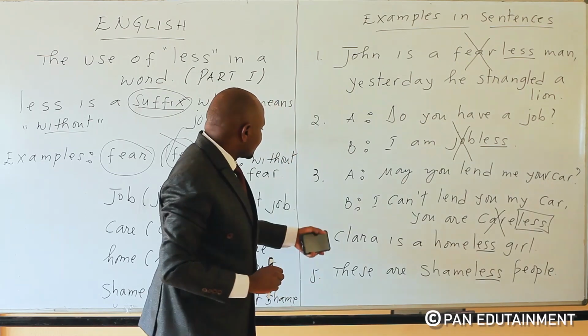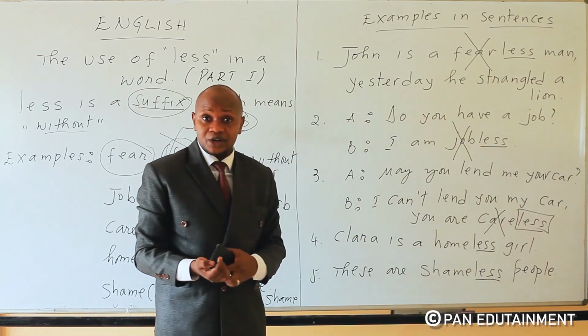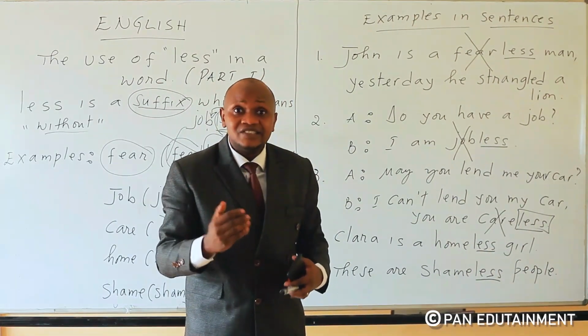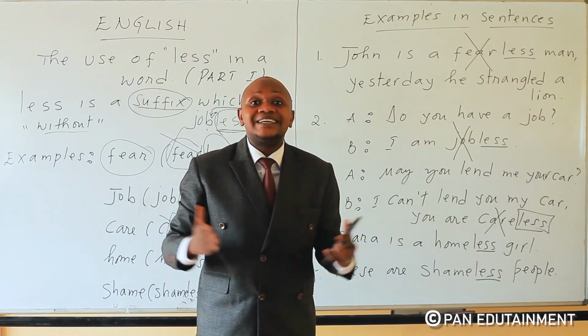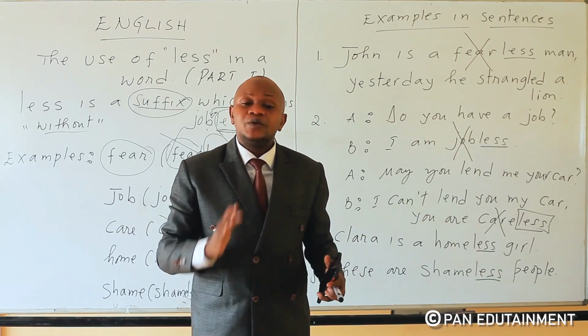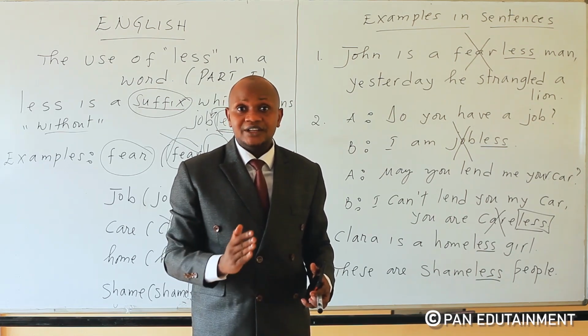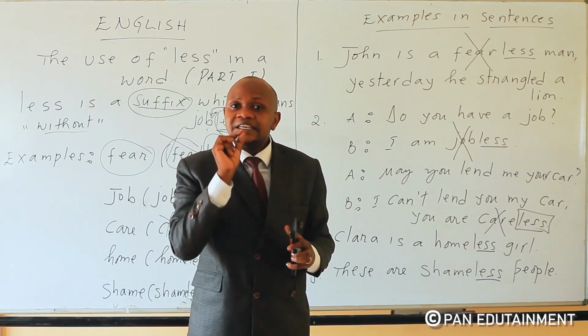Good. Number 4, here you can say Clara is a homeless girl. Uyu mukobwa witwa Clara is a homeless girl. Ni umukobwa udafite aho aba. Girl. We don't say girlfriend. No. Hari abantu bavuga girlfriend. Girl.